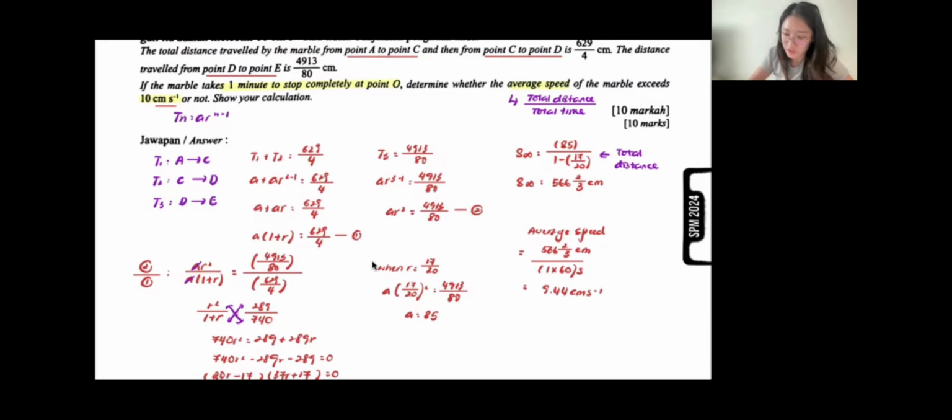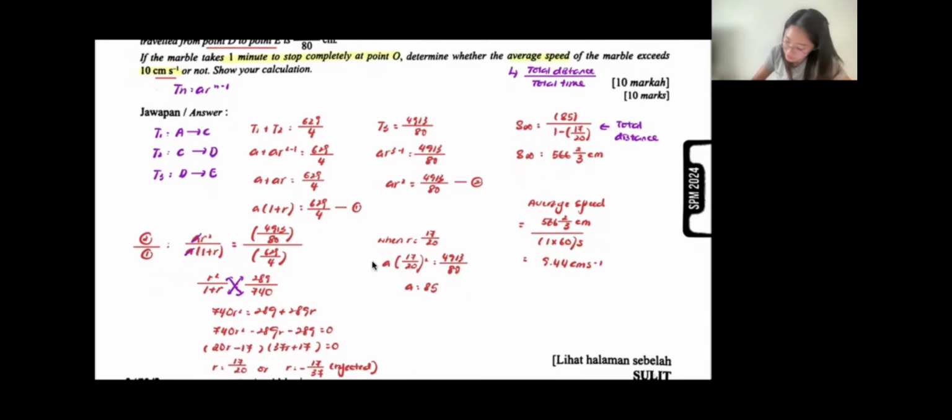The question asks you to determine whether the average speed exceeds 10 or not. Does it exceed 10? No. So you say it does not exceed 10 cm per second. Every time, if they ask whether it exceeds or not, yes or no, you have to tell.